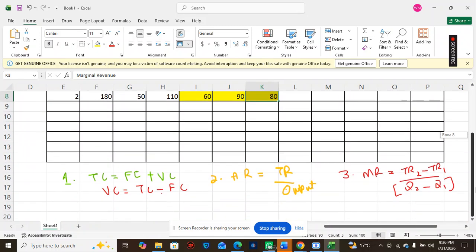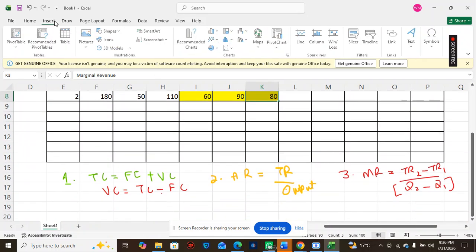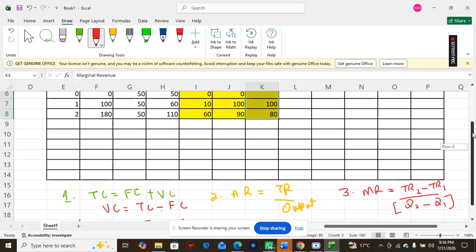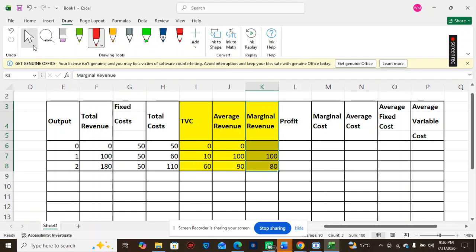Profit. Equation number 4. I believe you already know this one. Profit equals total revenue minus total cost. So here, when we're producing 0 units, total revenue minus total costs, we are making a loss.